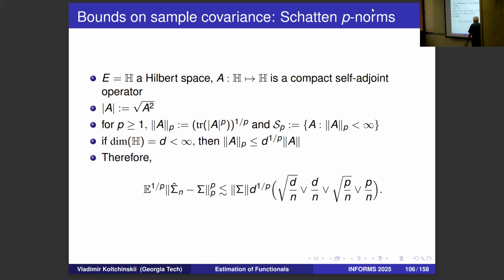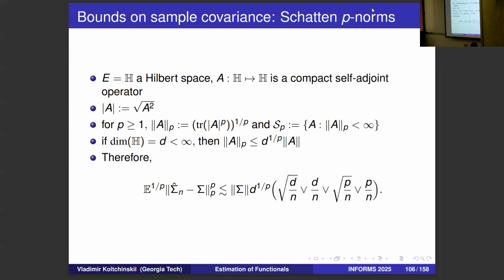And if we combine this with the bound on the operator norm in terms of the dimension, we can, for instance, derive something like this, so there will be only this factor d to the power 1 over p in front. It is of interest, of course, to know whether you can replace this d by effective rank in this bound.